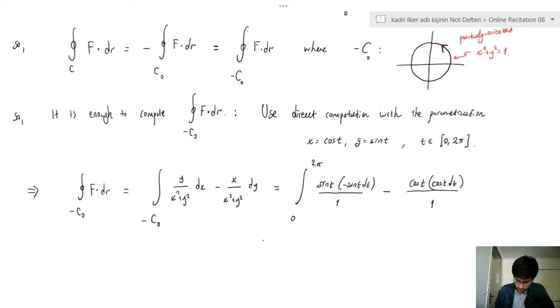And therefore this is just the integral from 0 to 2 pi of minus dt, because you have sine squared. Therefore the result is minus 2 pi.